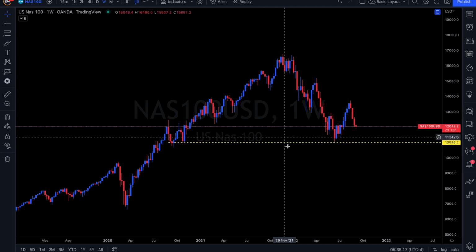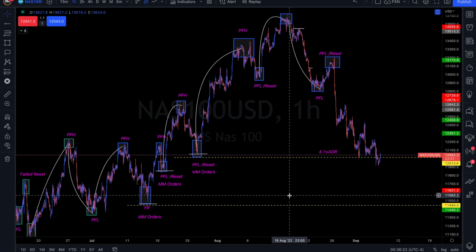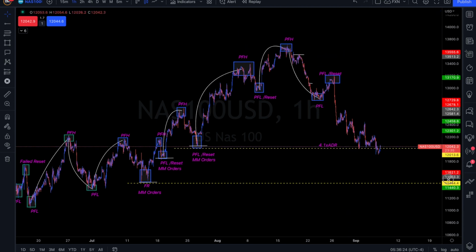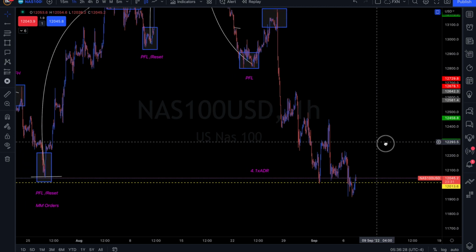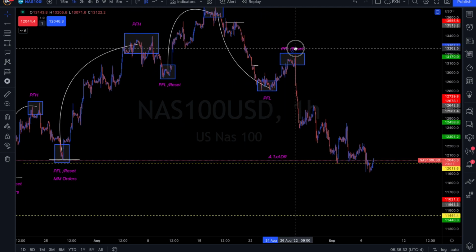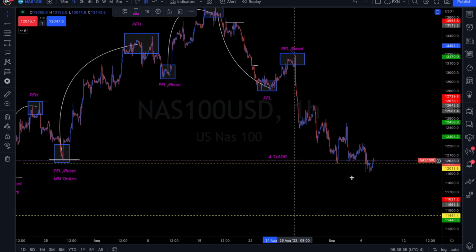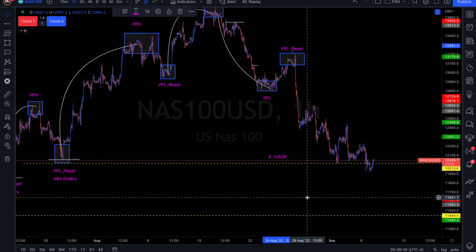So now that you can see the weekly, let's go down to the lower time frame here. Here we have NAS on the 1 hour time frame. And you can see we're already from the most recent reset, we're already at 4.1 times ADR. So I see two scenarios playing out.